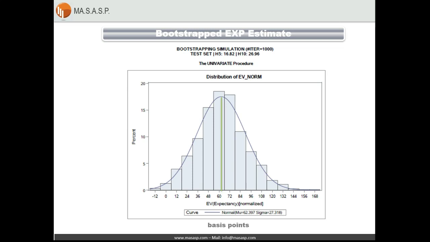Its lower confidence limit is nearly 17 basis points. Look, that is the downgrade. The bottom of the chart has a caption which reads normalized estimates.